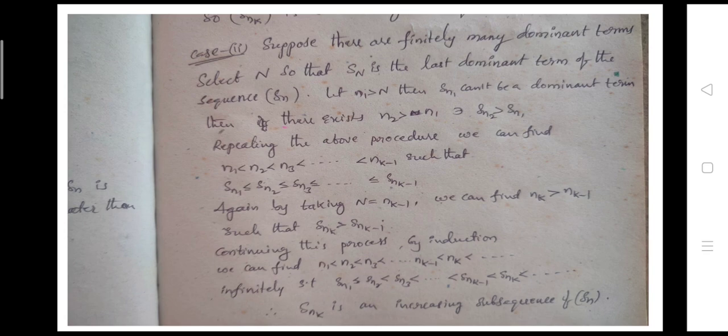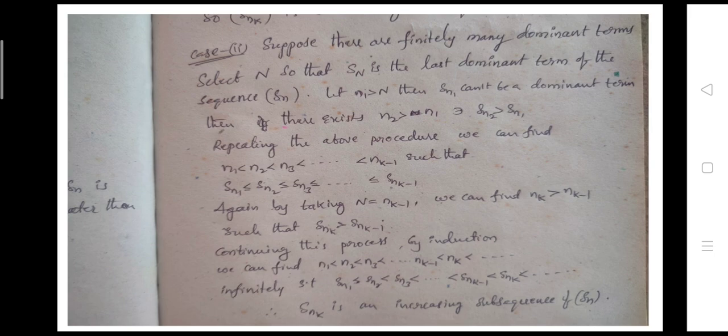Then there exists n_2 greater than n_1 such that S_{n_2} is greater than S_{n_1}. Repeating the above procedure, we can define n_1 less than n_2 less than n_3 and so on, up to n_{k-1}, such that S_{n_1} is less than or equal to S_{n_2} less than or equal to S_{n_3} and so on, up to S_{n_{k-1}}.